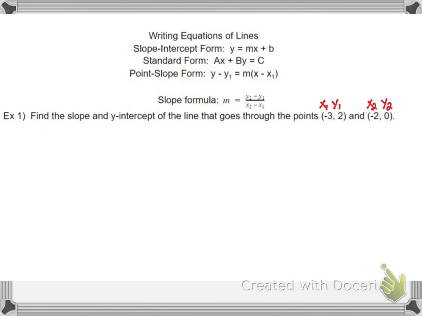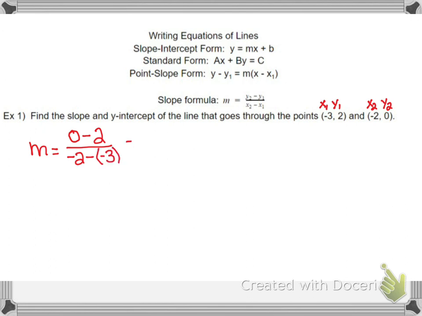That's my second ordered pair. So now I can set up the equation for slope. We get m is equal to y2, which is 0, minus y1, which is 2, over x2, which is -2, minus x1, so minus a -3.